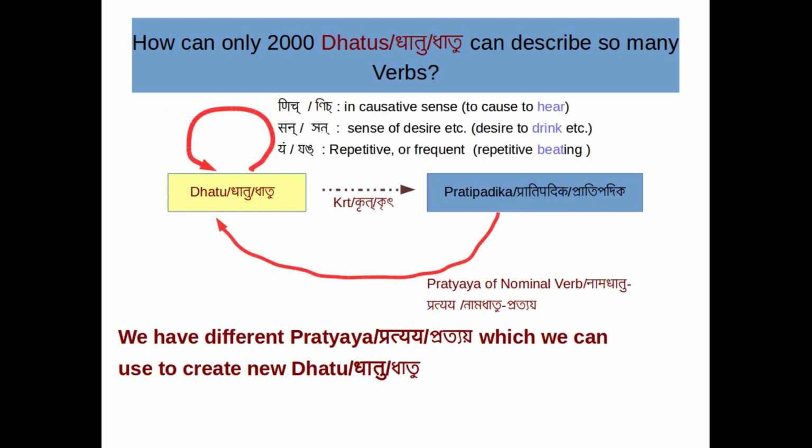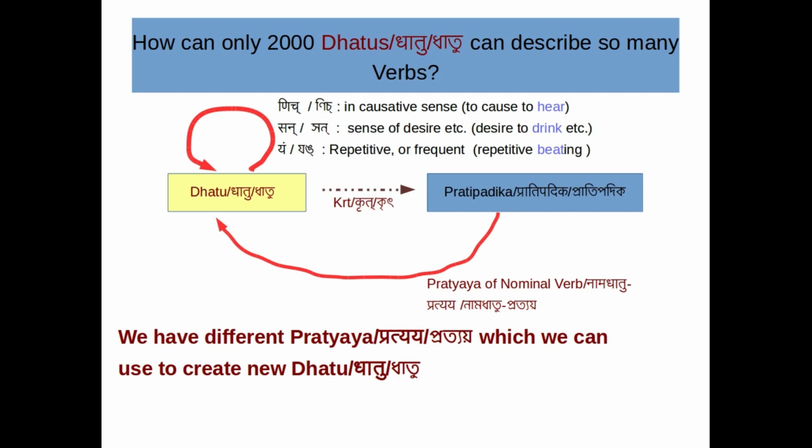Not only that, we have only a list of 2000 dhatus, but we can create new dhatus using different types of pratyayas from either dhatus or from pratipadikas.